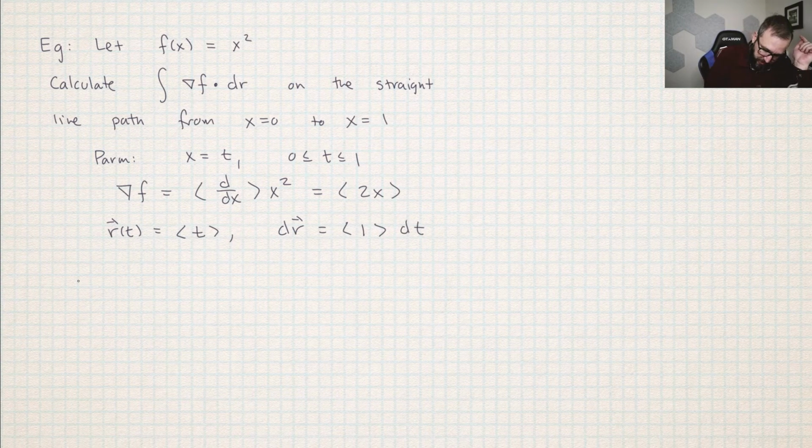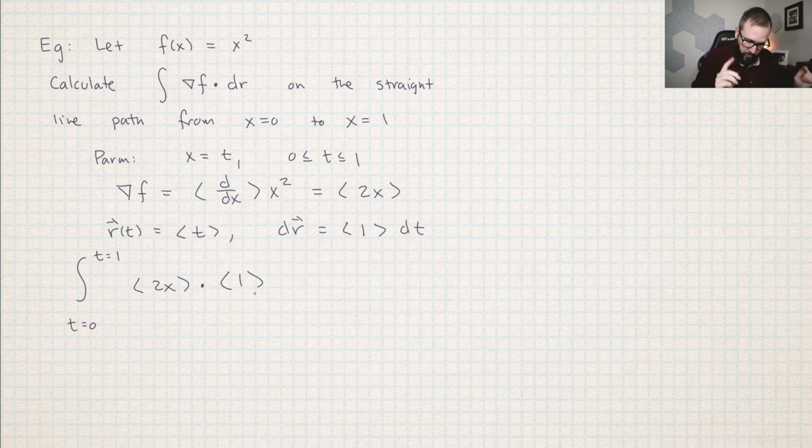And so when I set up this integral, I'm going to do the integral from t equals 0 to t equals 1 of grad f, so that's going to be 2x, dot product with the vector 1. Wait a minute, except x is equal to t. So here I don't have 2x, I have 2t, dot product with 1 dt.